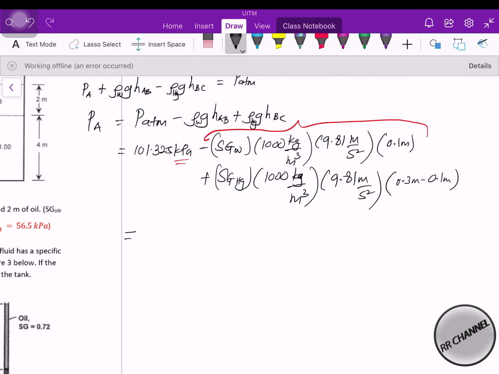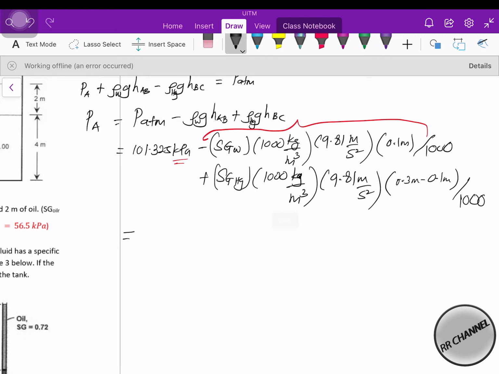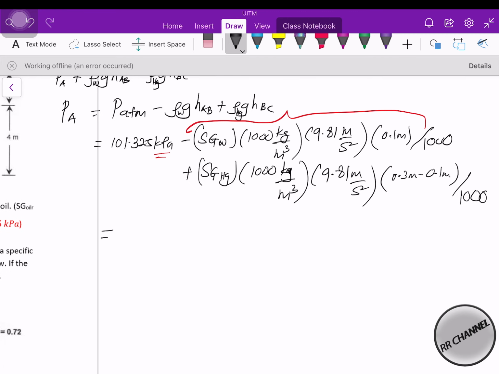So in order for us to convert into the same unit, kilopascal, we need to divide by 1000 here, and also the last term also divide by 1000, so that all of these three terms will produce the consistent unit of kilopascal. Okay, so don't make a mistake, and then we will put in the numbers.